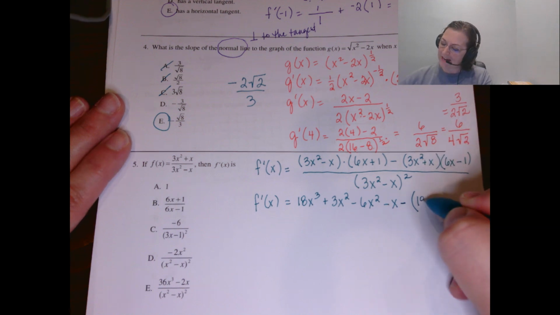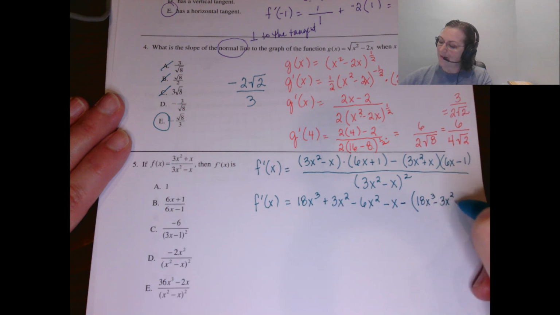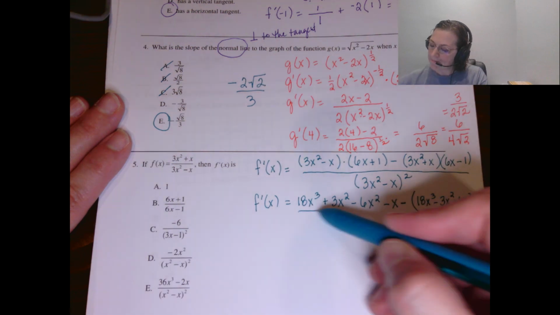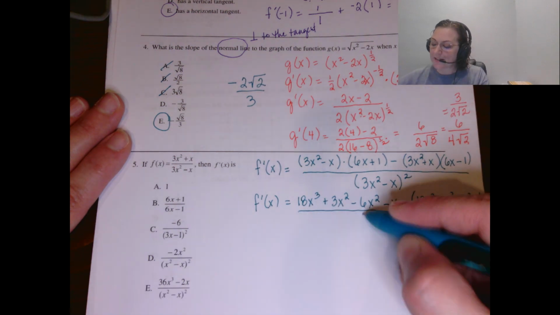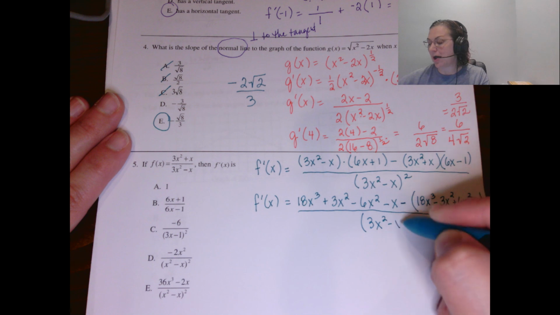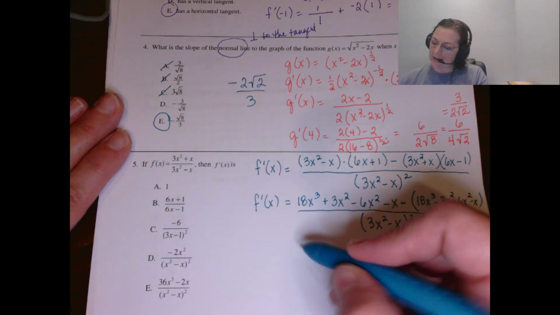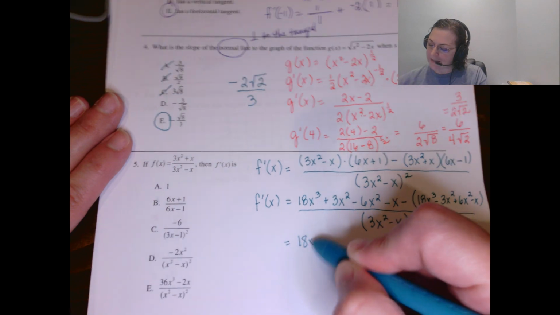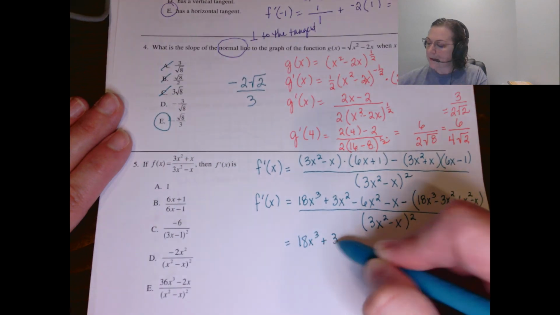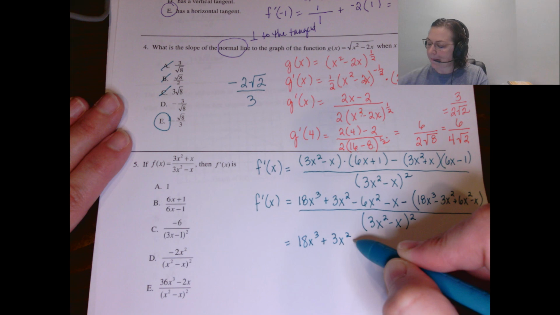That's going to give me 18x to the third minus 3x squared plus 6x squared minus x. I try not to do too many steps all at once because then I make mistakes that way. That's why I'm going to wait and distribute this minus to the second parentheses in my next step.